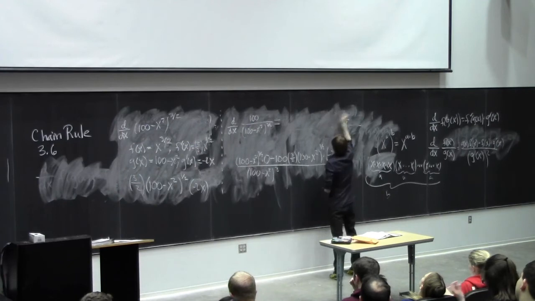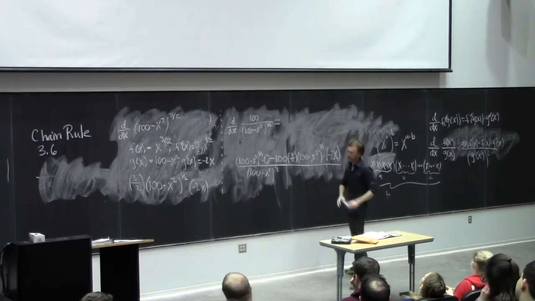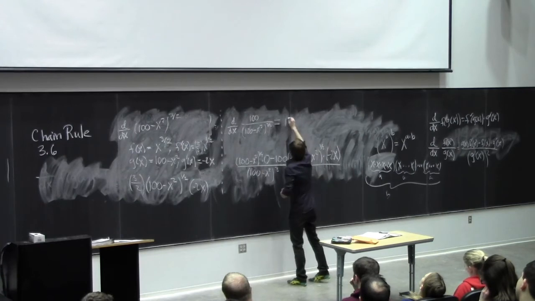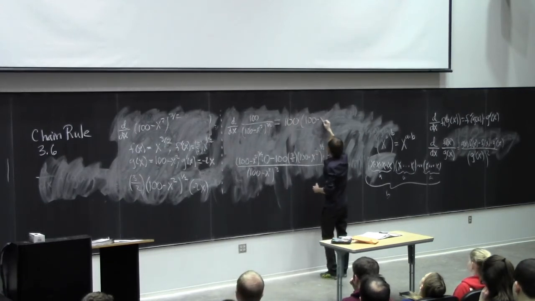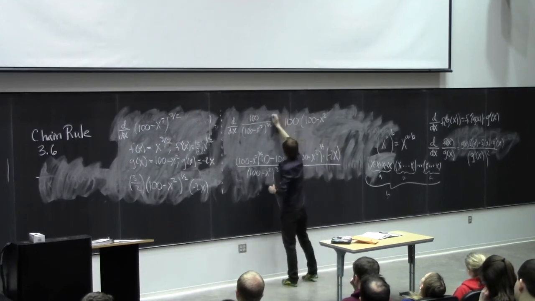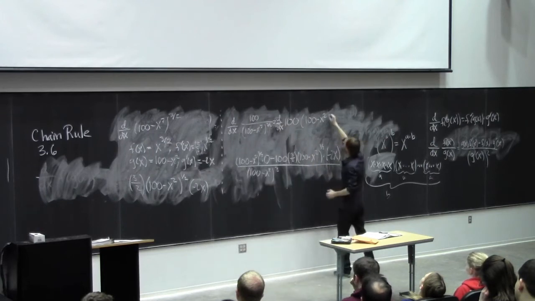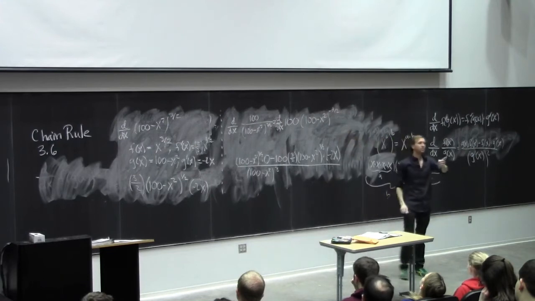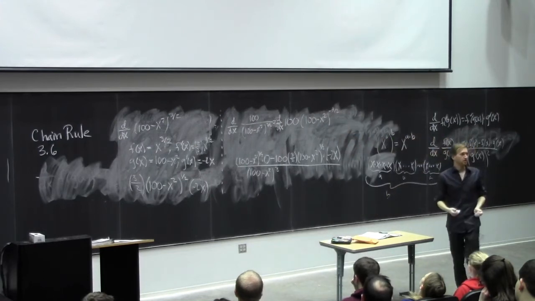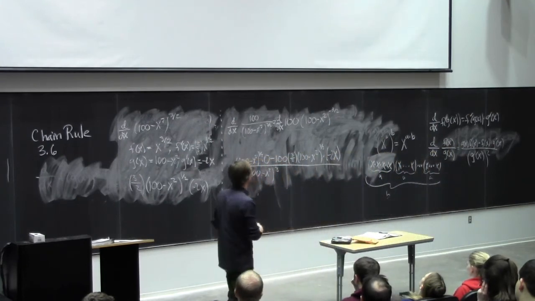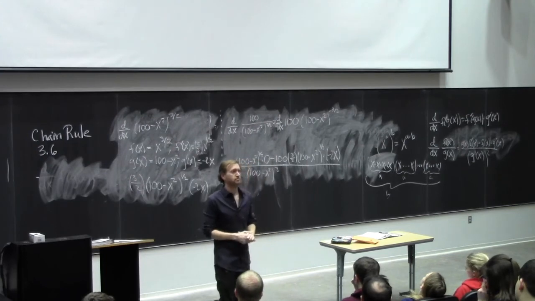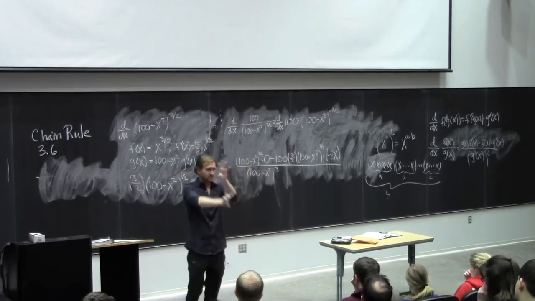Well, all of us could have rewritten this as 100 times 100 minus x squared to the minus 3/2. And then no quotient rule needs to be done, but we do have to do a power rule. Minus 3/2. The minus flips it.